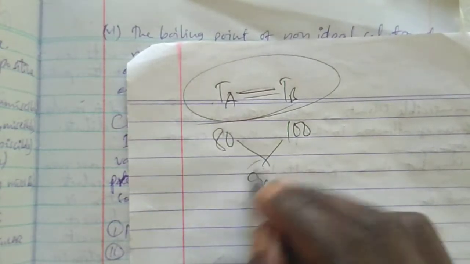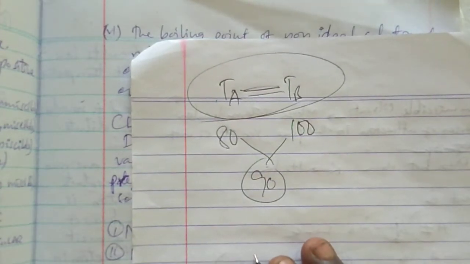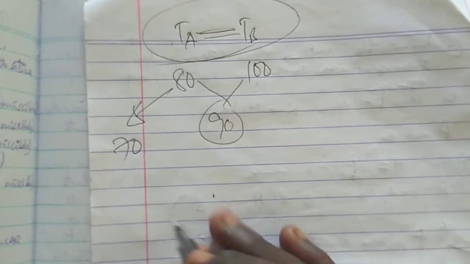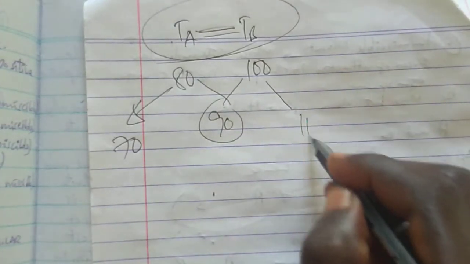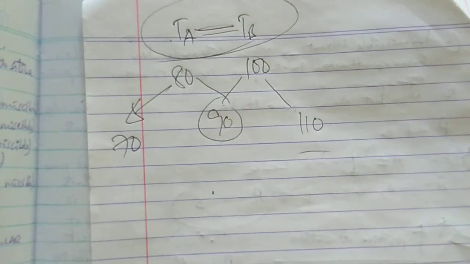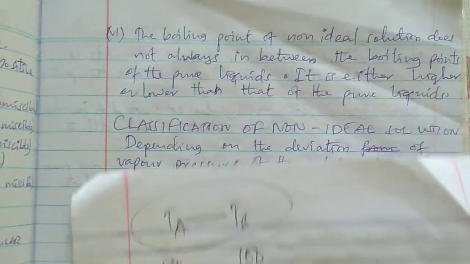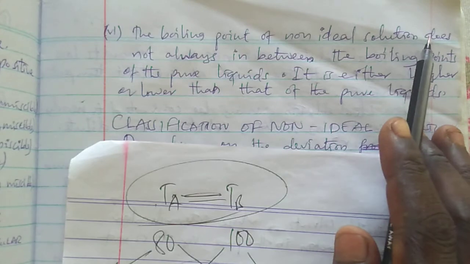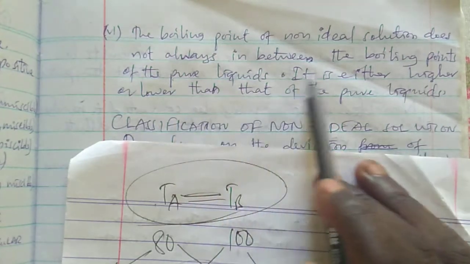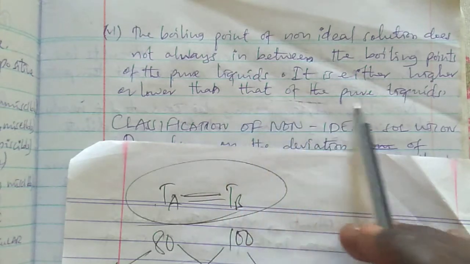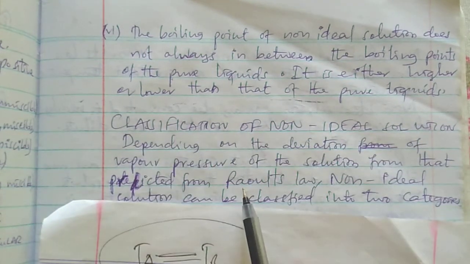Let's say it is 90. But in non-ideal solution, the boiling point of the solution can either be lower than 80, let's say it is 70, or higher than 100, let's say it is 110. So this is different from the ideal behavior. So the boiling point of non-ideal solution is not always in between the boiling points of the pure liquids. It is either higher or lower than that of the pure liquids.